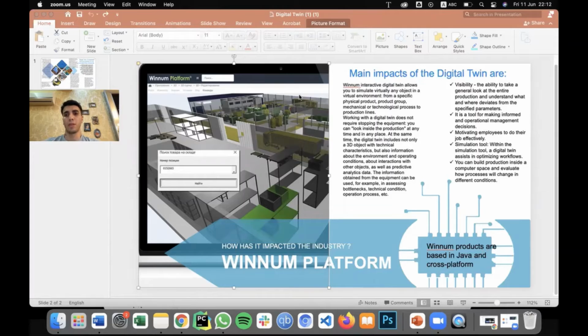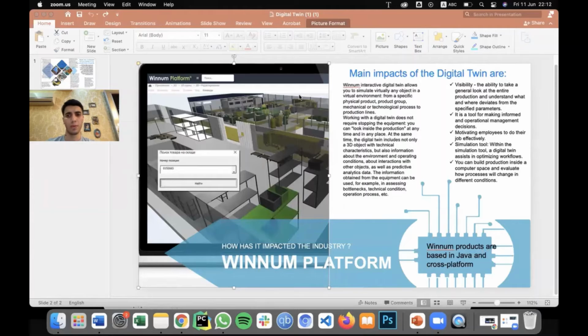How does it impact the real world? I mean, how does digital twin impact us? The main impacts are five. The most important impact of digital twin is visibility. It's the ability to take a general look at the entire production and understand what deviates from the specified parameters and where.